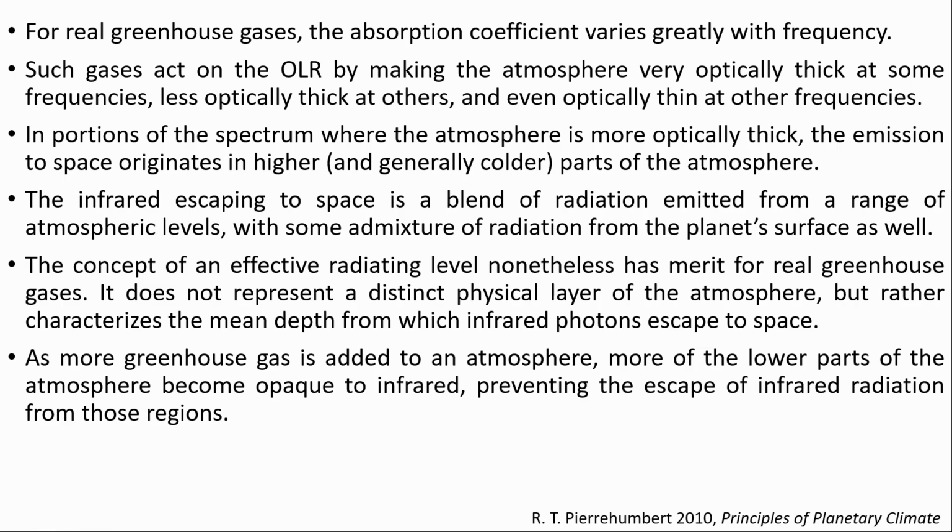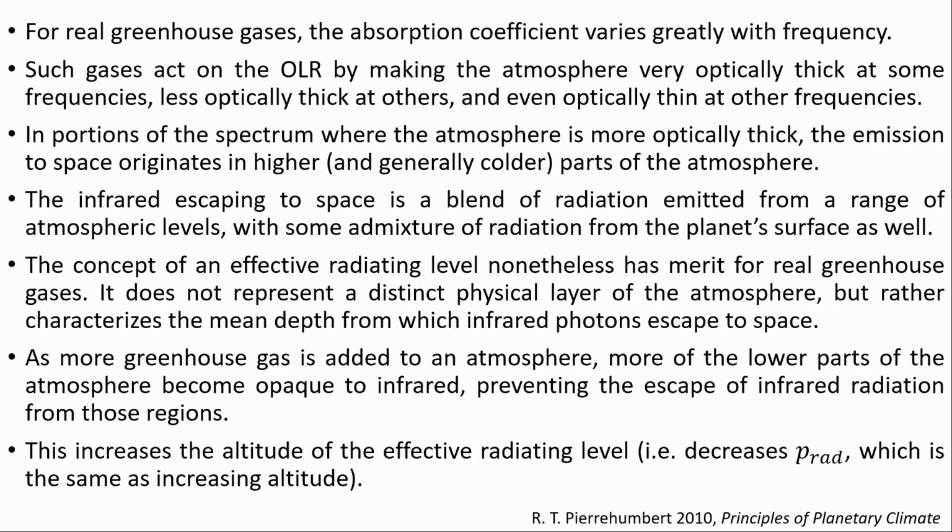And that is another thing that the climate change deniers who want to use this carbon dioxide saturation myth often forget: we're not just absorbing and then holding onto the radiation, but there is also the blackbody re-radiation. So this increases the altitude of the effective radiating level, in other words it decreases the pressure of the radiation, which is the same as increasing the altitude.